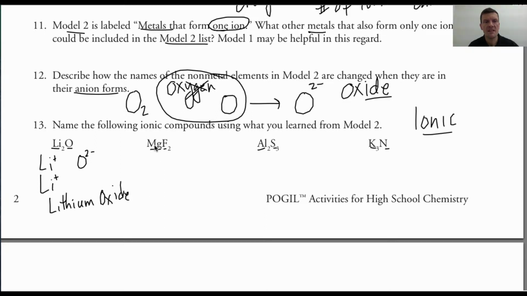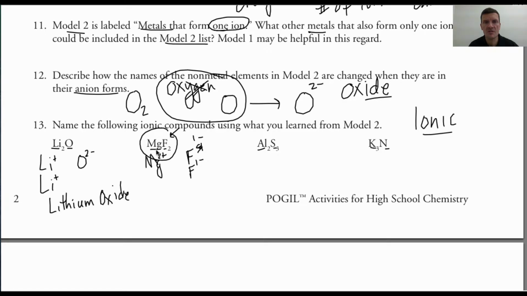Magnesium fluoride. Why is it MgF2? Because Mg, magnesium, always forms a +2. Fluoride always forms a 1 negative. Actually, you write the 1 and then the negative. And so I'm going to need 2 fluoride ions with the 1 magnesium to make a neutral compound. They're going to come together as MgF2. Remember, no charge is written on the compound, only if they're individual ions.